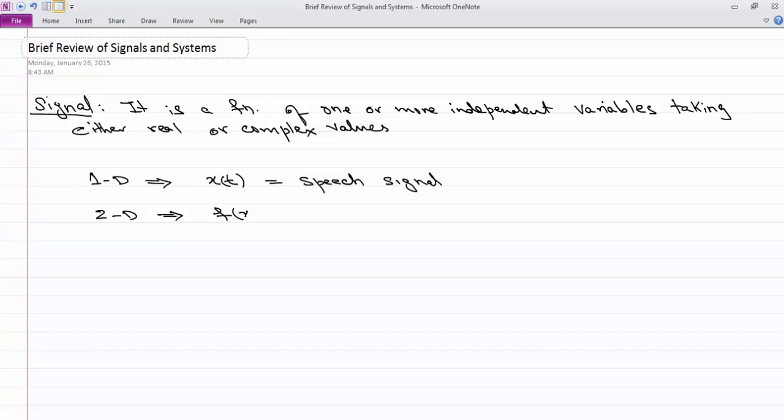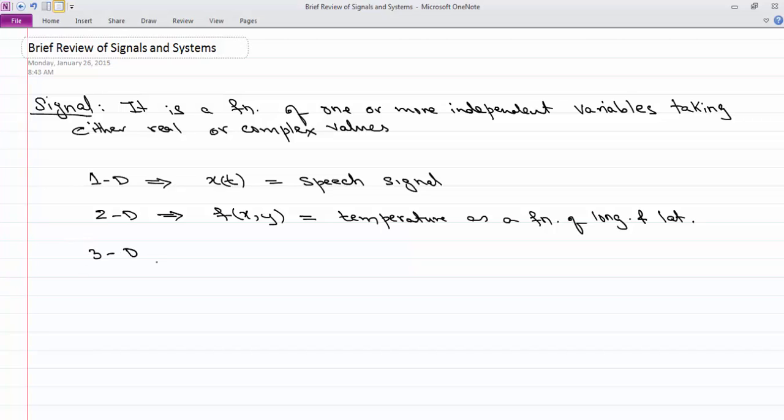For example, the signal I could write as f of xy, so it's a function of two variables. And an example is temperature as a function of longitude and latitude. So x could be the longitude, y could be the latitude, and you are saying what is the function value at each longitude-latitude pair, right?